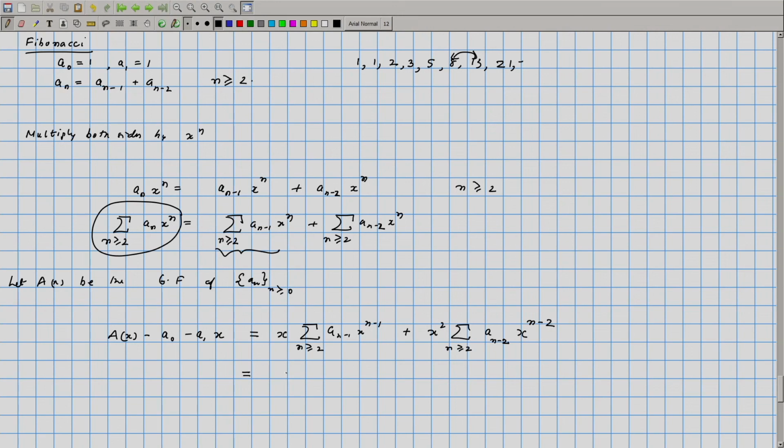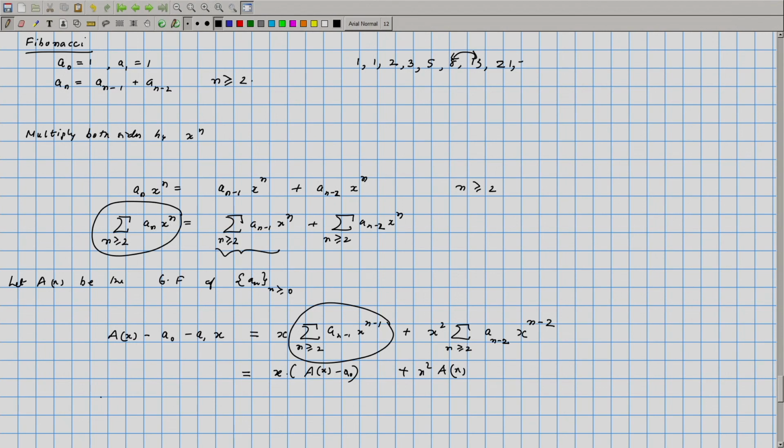And this is going to be equal to x times, in this summation every term in the generating function is present except, when n equals 2, what you get is a_1 x^1, the next term is a_2 x^2, the only term missing is a_0. So, this is going to be A(x) minus a_0, plus x square into, now here n starts from 2 and a_{n-2} is going to be a_0 times x^0 plus a_1 x^1 and so on. So, this is going to be equal to A(x).